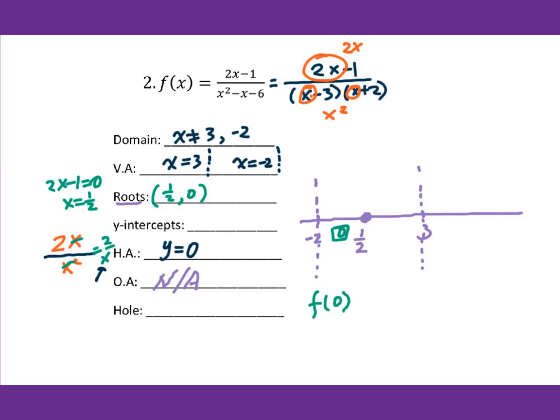So f of 0 equals, I plug in, you will get 2 times 0 minus 1, and 0 minus 3, 0 plus 2. You will get 1 over 6 greater than 0. You will label positive here. Since the factors are all single factors, it means we change sign for the neighbor interval like this.